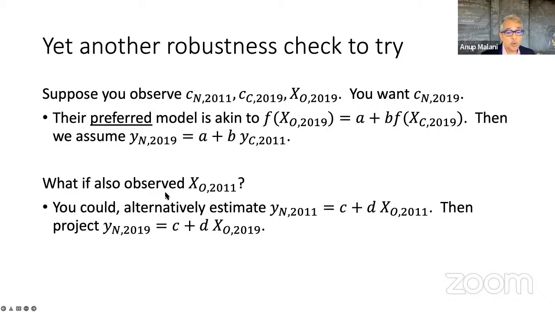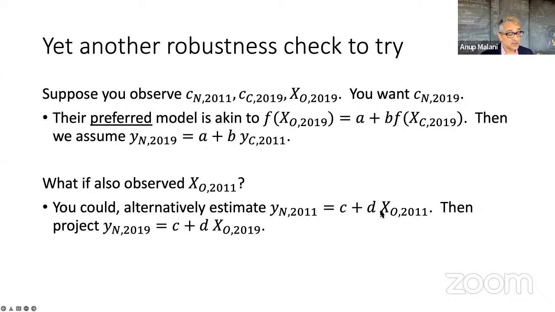All right, but what if you also happen to observe X's from 2011 from other data sets? Then you could do the opposite scenario. This is not even contortion; this is ignoring CPHS entirely. Suppose you've got some outcome, say consumption in NSS in 2011. You assume that's some linear, affine transformation of these other variables that you observed from another data set in 2011.